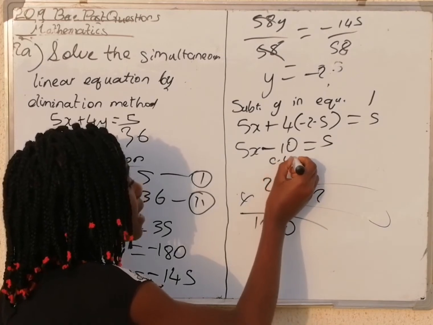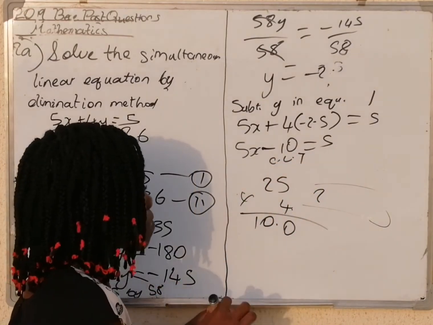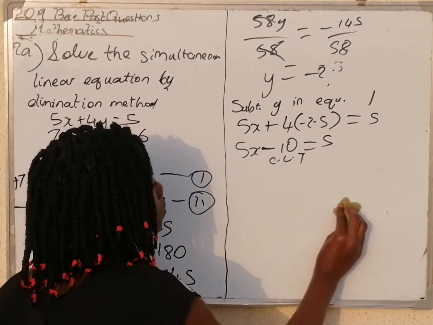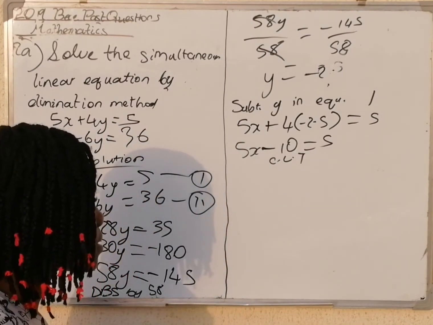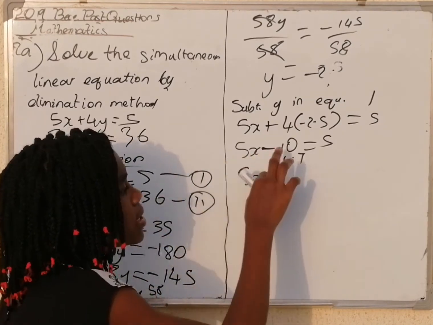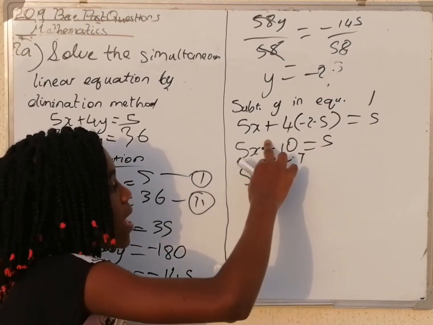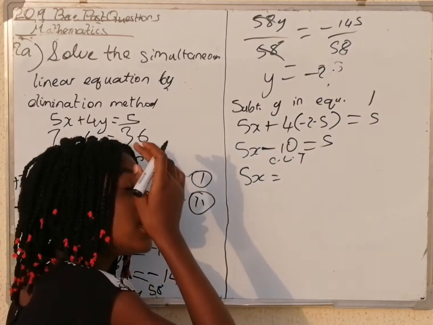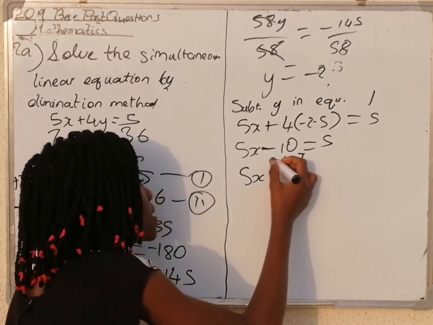Then we collect like terms. So when we collect like terms, 5x equals 10 and 5 are like terms. So when this is taken to the other side of the equation, it becomes its additive inverse, making it plus 10.